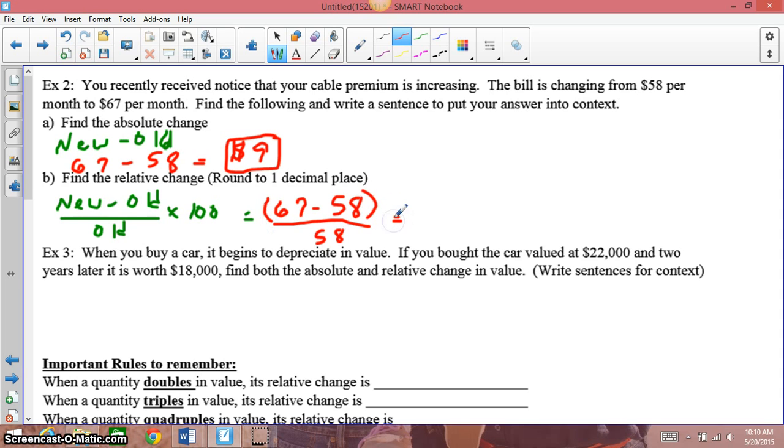Me personally, though, I like to just go ahead and subtract. So I have 9 divided by 58, and then I just type that in my calculator, 9 divided by 58 times 100. And that should give you, rounded to one decimal place, 15.5%. So what that means here then is that my cable bill is experiencing a 15.5% increase in premium.